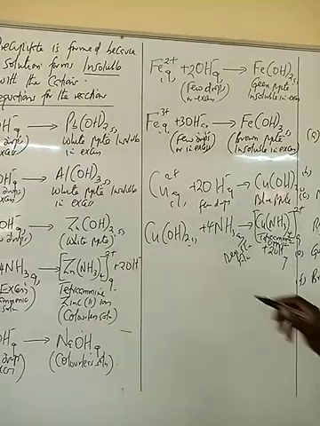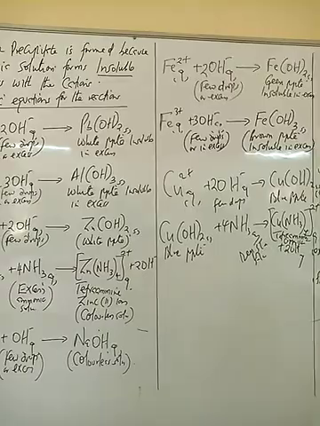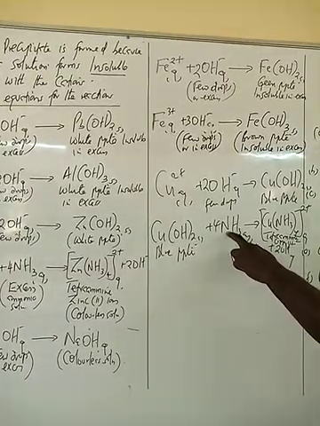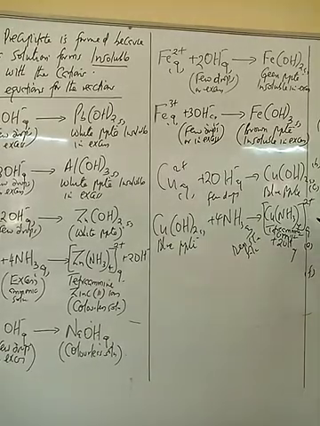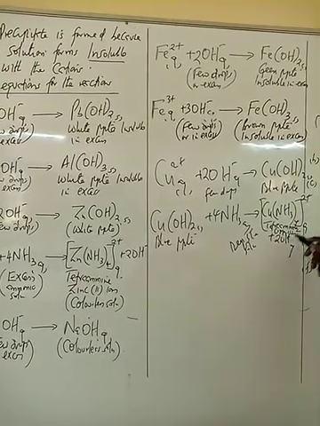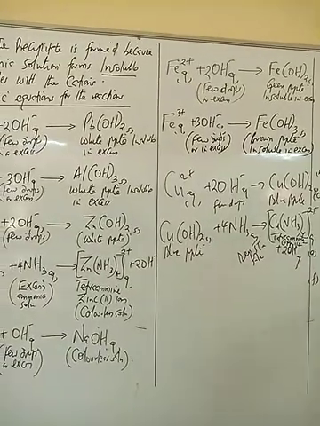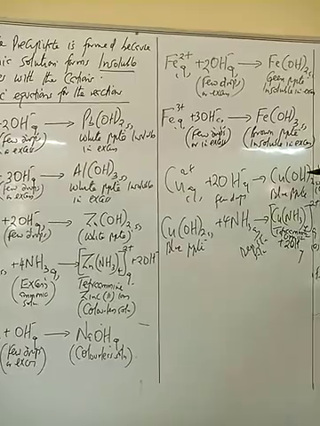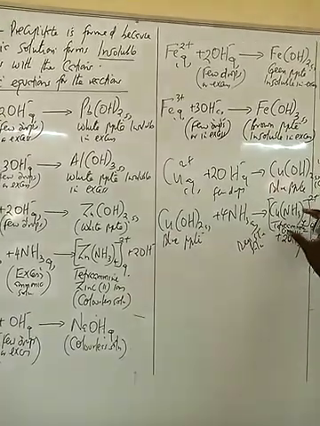So this is the blue precipitate reacting with excess aqueous ammonia, forming this complex salt, which is called tetraamine. And this one is a cation, plus the 2 hydroxide, which have been released by copper. So it dissolves in excess because of the formation of this complex ion called tetraamine.